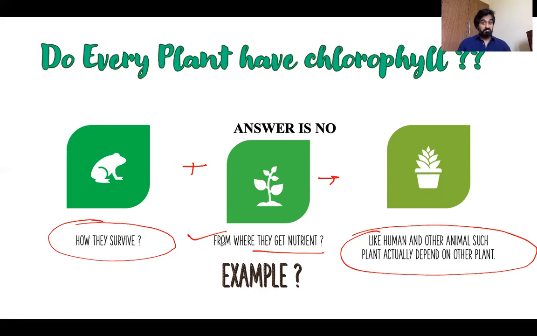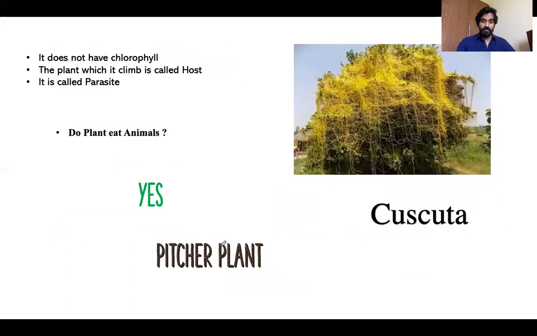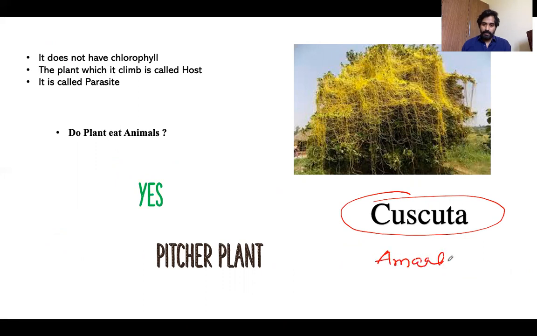So what will be the example? You have seen this plant, Kaskatta. This is known in English as Kaskatta, but in Hindi it is known as Amar Bel, I guess. Yes, Amar Bel. I think you have seen this plant. These are actually some sort of parasite.